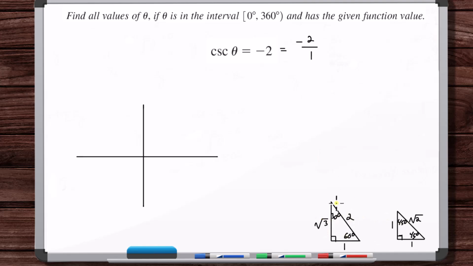Yeah, it would be the hypotenuse over opposite. So yeah, 30. Hypotenuse over opposite, 2 over 1. So the reference angle is going to be 30.